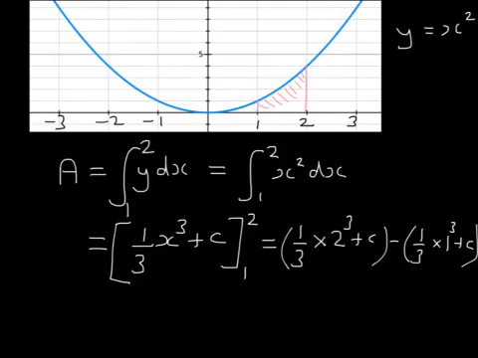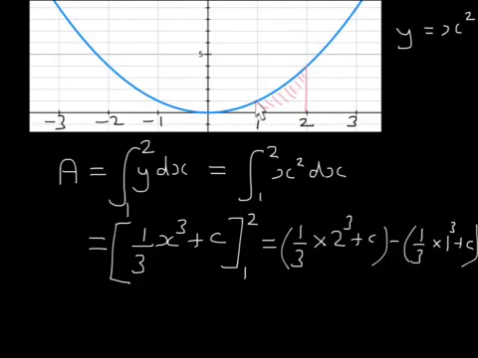Putting in 1 here is working out the area from 0 to 1. We just want the bit between 1 and 2, so that's why we put in 2, we put in 1, and subtract one from the other. Putting in 2 gives us the whole area. Putting in 1 just gives us this area, so if you subtract them, you get the bit that's left.